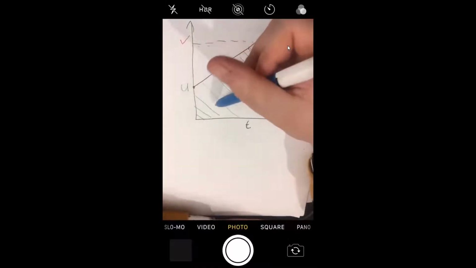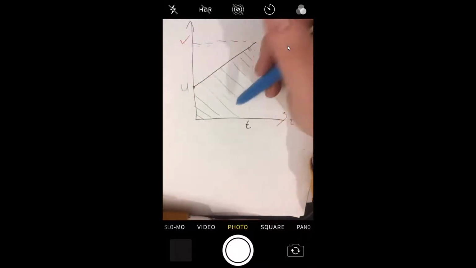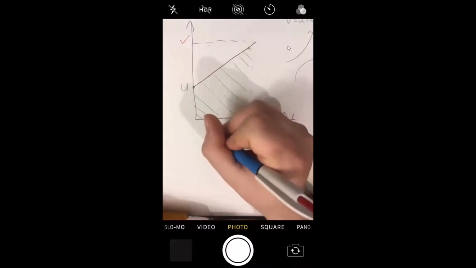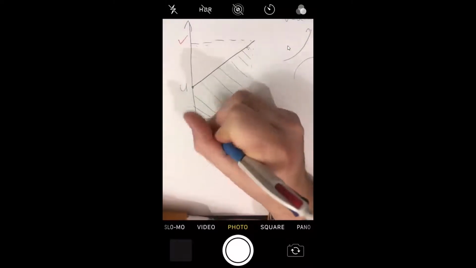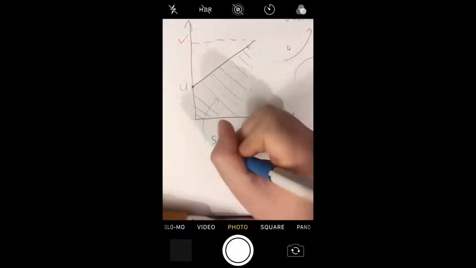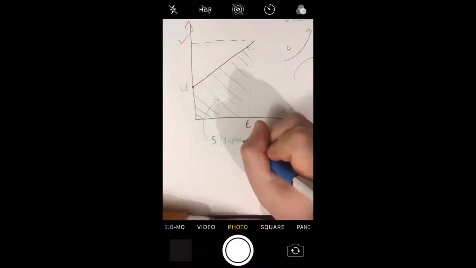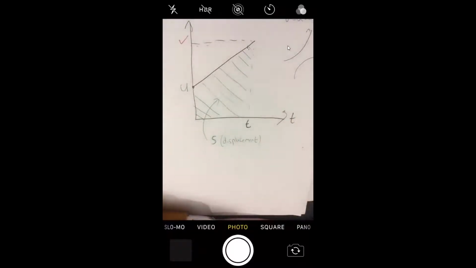The area under a velocity time graph is going to be your displacement. Displacement in this time is called s. I'm going to write displacement in brackets here in case you forget. So that's our displacement, this green area here.